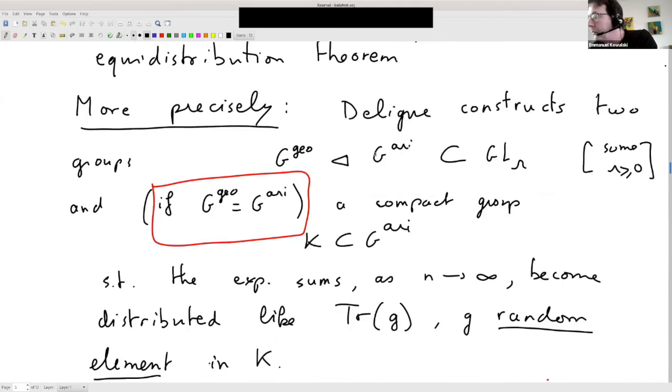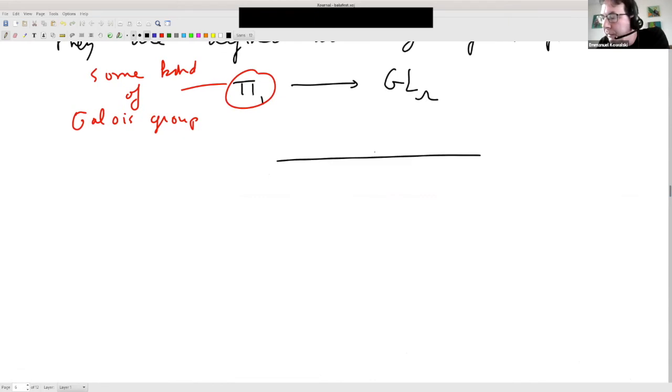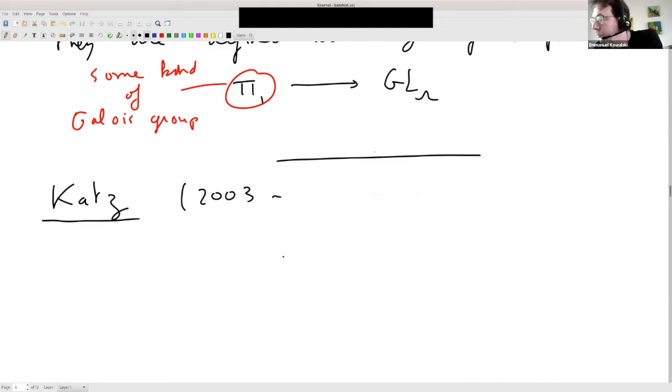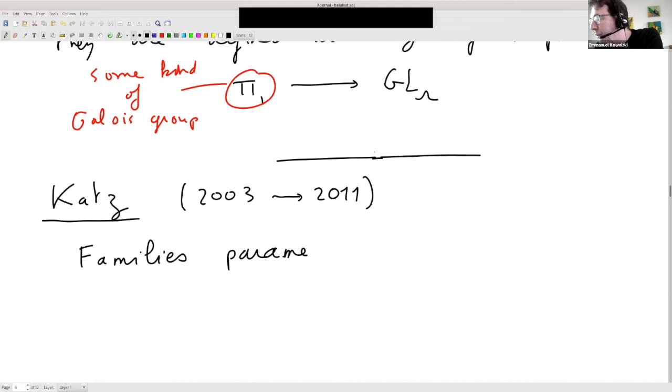Okay. Now we skip quite a bit. So this was the standard equidistribution result, and in some sense the only one, until Katz started to think from 2003 when he was asked, in particular by Zeev Rudnick, to study certain types of sums which were not of the Deligne kind, until around, well, he's still thinking about it, I'm sure, but his book came up in 2011. So he's looking at families of exponential sums over finite fields parameterized by a multiplicative character.